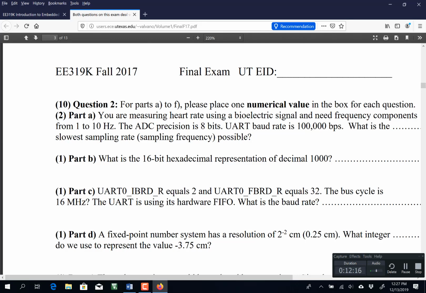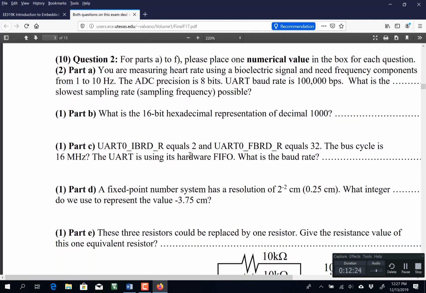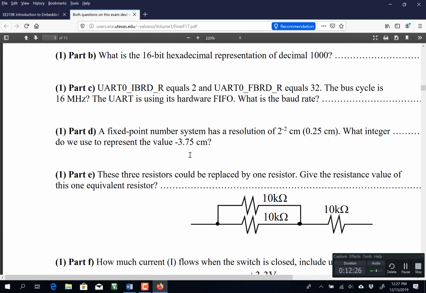Part 2B: what's the 16-bit hexadecimal representation of Part D? If a fixed point number has a resolution, what integer do we use?